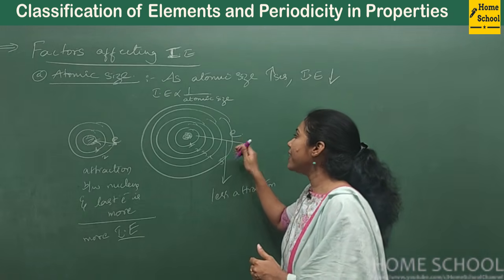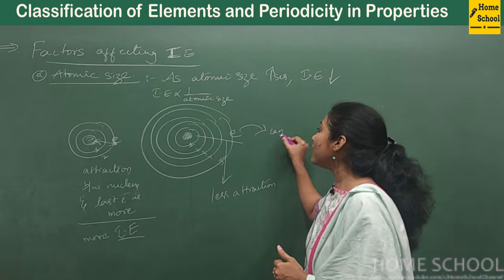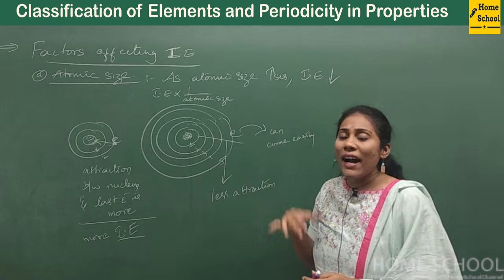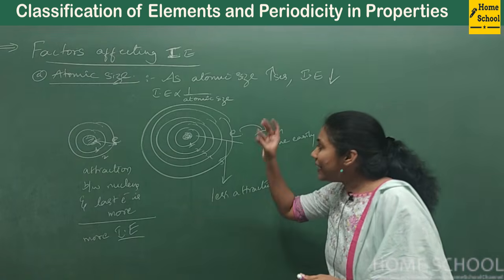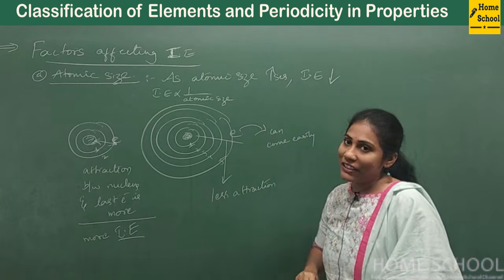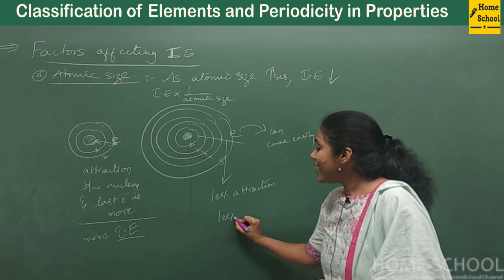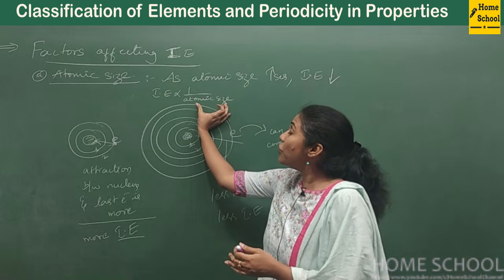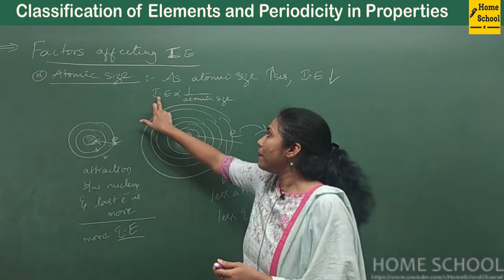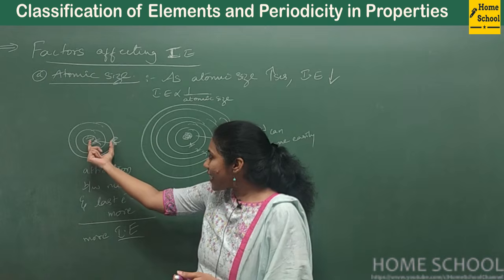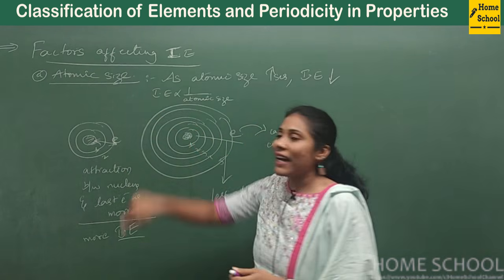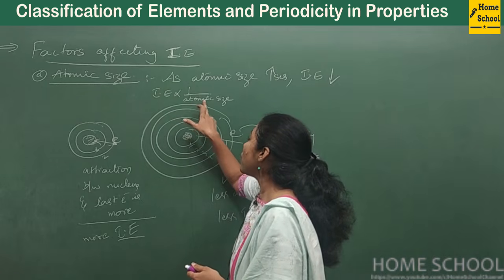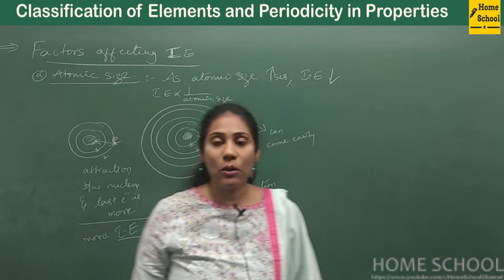So it's very easy, this electron can come easily. When it is easy to remove, why do you need to struggle? With very little energy, you can remove this electron, right? So in this case, less IE you will observe. So more size, less ionization enthalpy. Less atomic size, you would observe more ionization enthalpy. This is how our ionization enthalpy is always inversely proportional to atomic size.